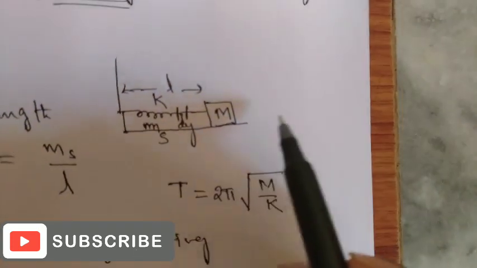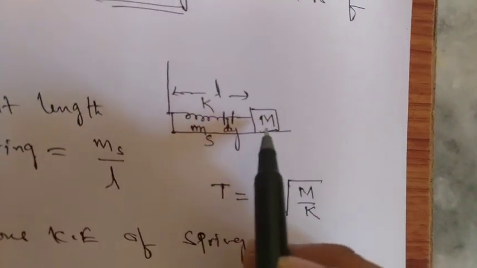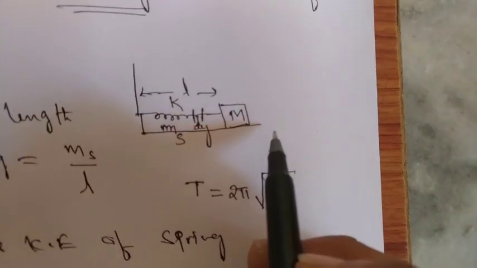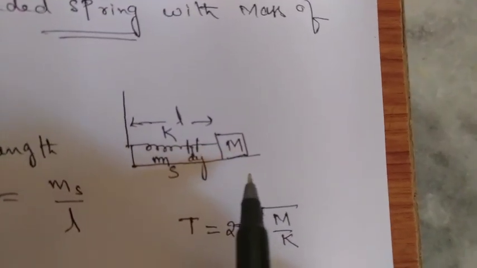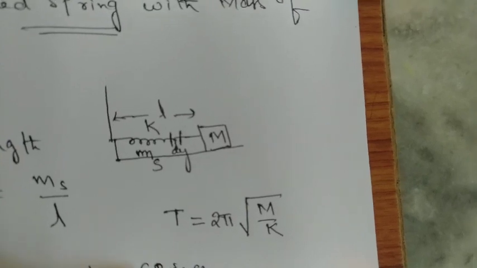When you pull this block and release, it is going to oscillate, so it has kinetic as well as potential energies. The potential energy equation, half k x square, you already know, where x is the displacement. Now I am calculating the instantaneous kinetic energy of the spring.